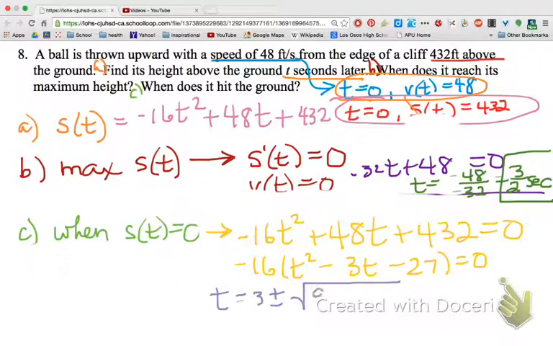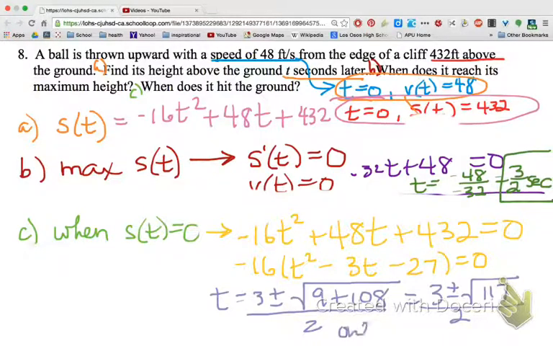Preposterous, right? So you can double check all my math. And remember, I get 2 answers from this, but one of them is going to be a negative, so time can't be negative. So I only get to keep the positive, which turns into about 6.91 seconds.